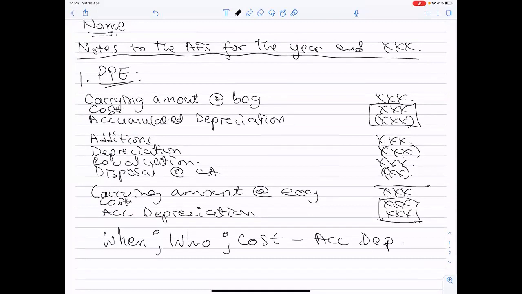If the asset was shown at cost minus accumulated depreciation, the asset would have had an amount of this. Because we are no longer looking at other assets, we just say when, who, and cost minus accumulated depreciation, because we are only revaluing land. The other assets are no longer revalued. Is that clear?